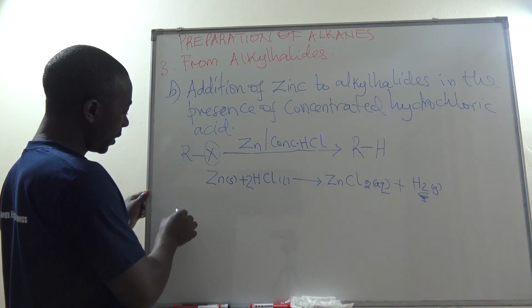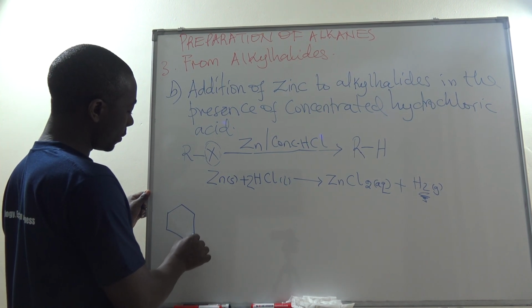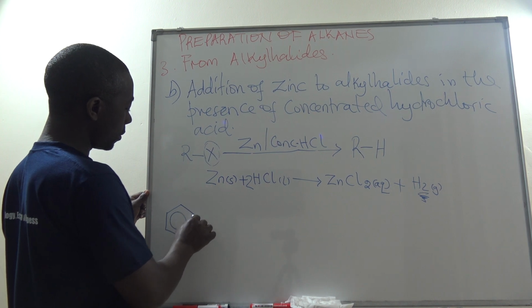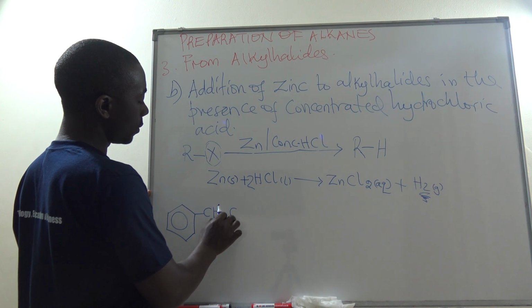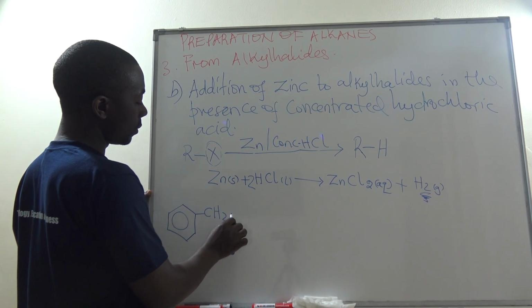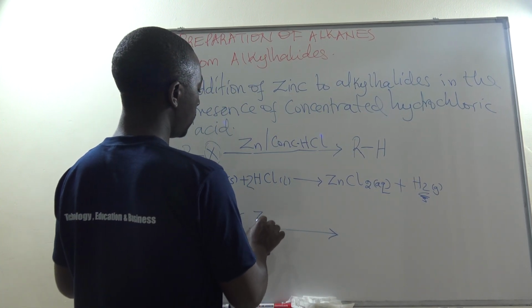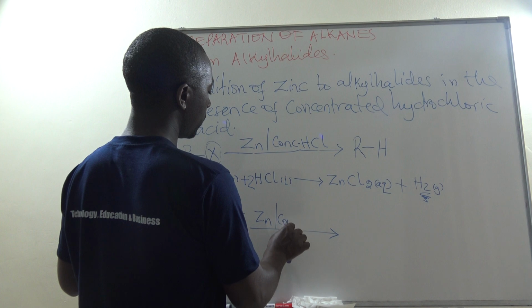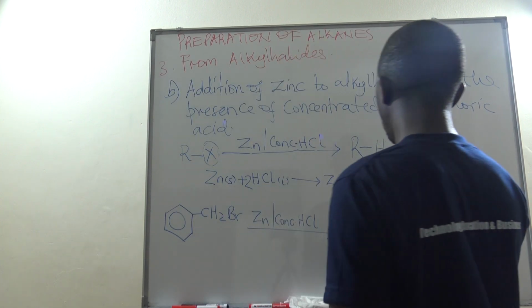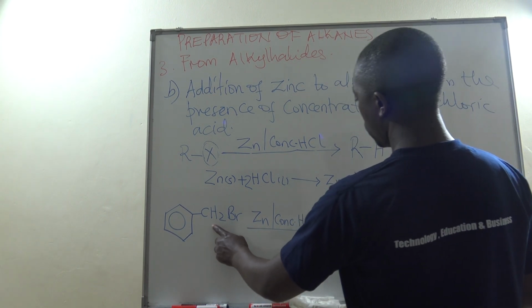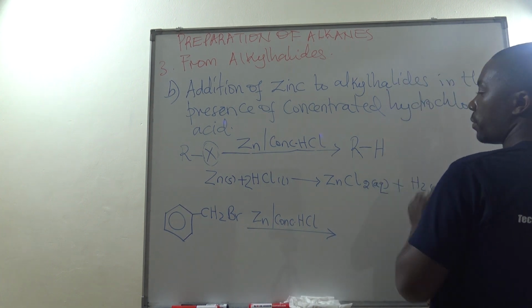Now, one good specific example I can even use is this. This is zinc in the presence of concentrated hydrochloric acid. Remember, these are two hydrogens here. So the reduction increases the hydrogen from 2 to 3. That's why we had the hydrogen here.